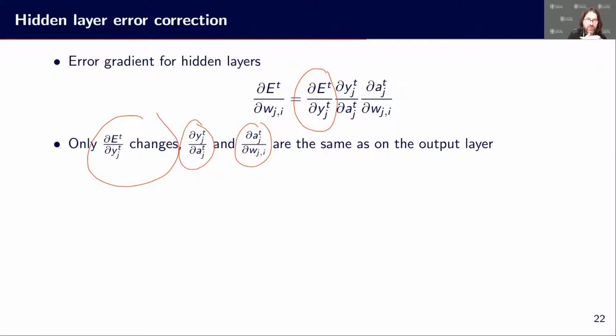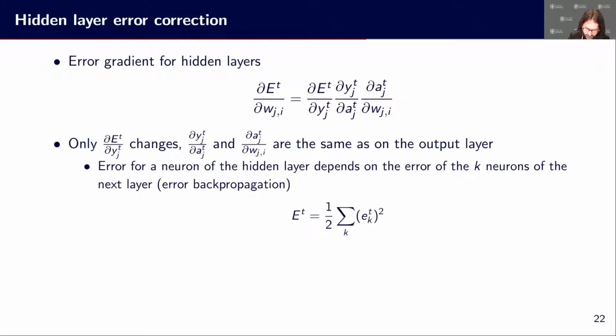This is what we have done for the output layer, but now we need to define the derivative of the squared error for sample t over y_jt. The error for a neuron on the hidden layer depends on the error of the k neurons on the next layer. So we talk about error backpropagation.